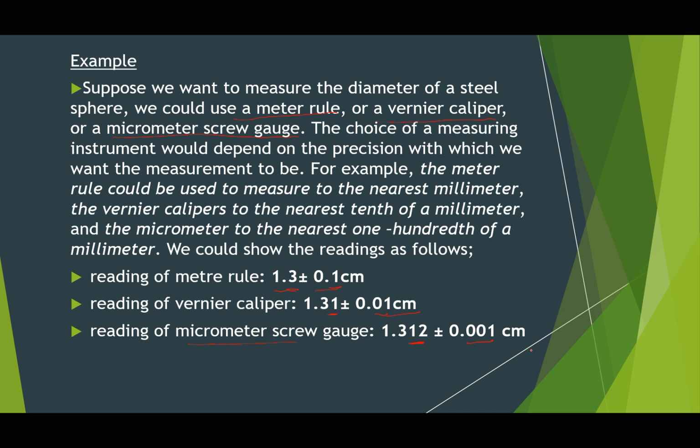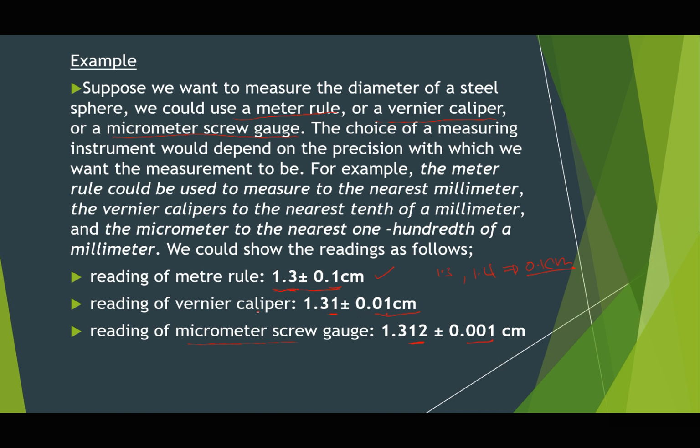Therefore, if I am using the ruler to take measurements, even if I take several measurements, if the first measurement is say 1.3, and the second measurement is 1.4, that means the difference in the two values, which is the range, is 0.1 centimeters.